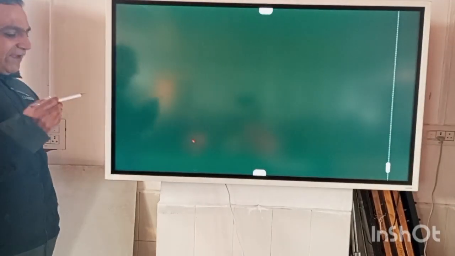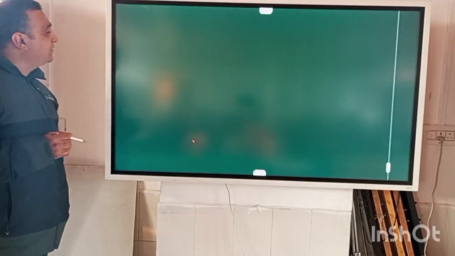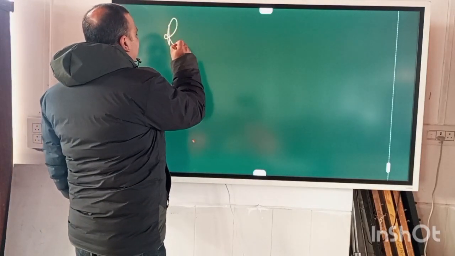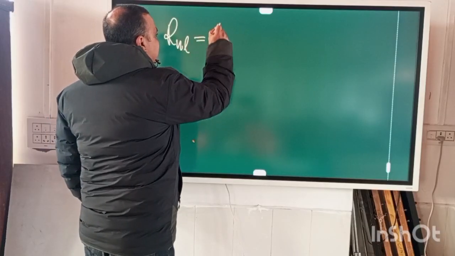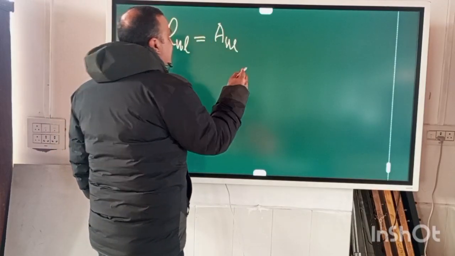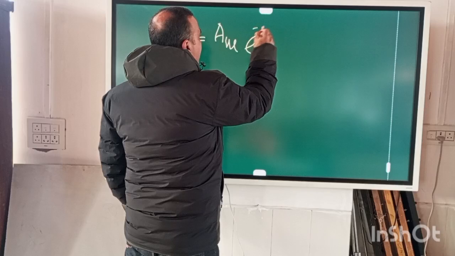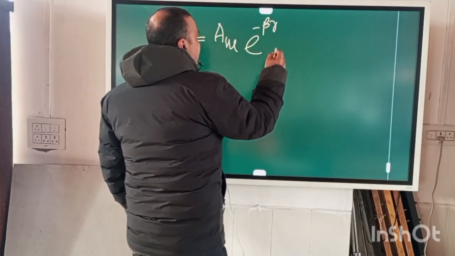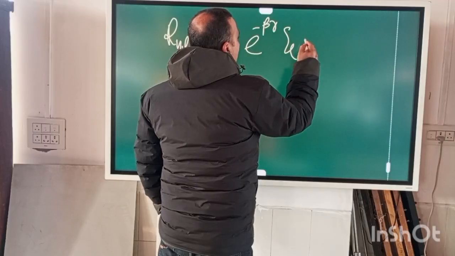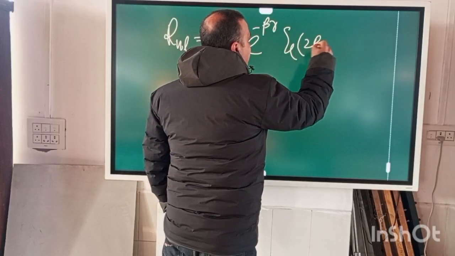So if I rightly go back, where we stopped last time was something like that. We wrote down the radial part R and L as A and L, and then e to the power of minus beta R, and then zeta of 2 beta R.